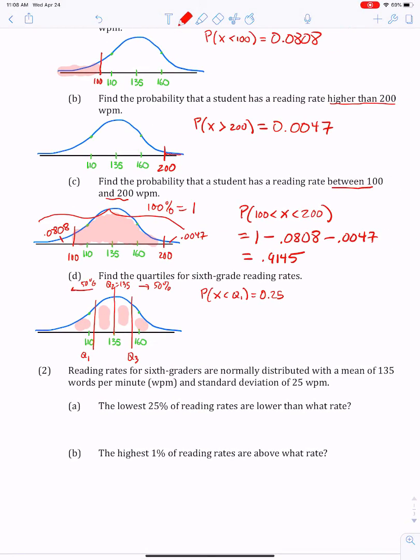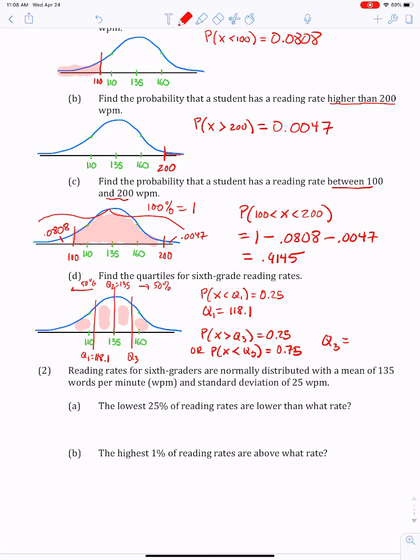So Q1 is equal to 118.1. Now to get the third quartile, we could say the probability that x is greater than Q3 is also 0.25, or we could say the probability that x is less than Q3 equals 0.75. Either way, we'll get the same number.